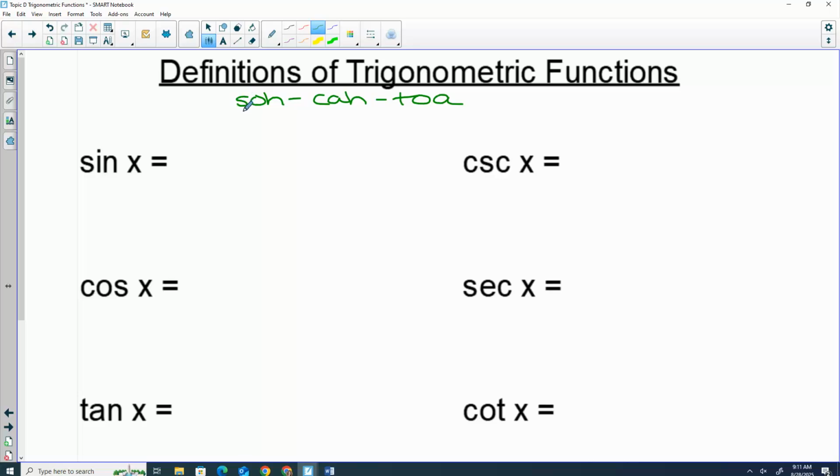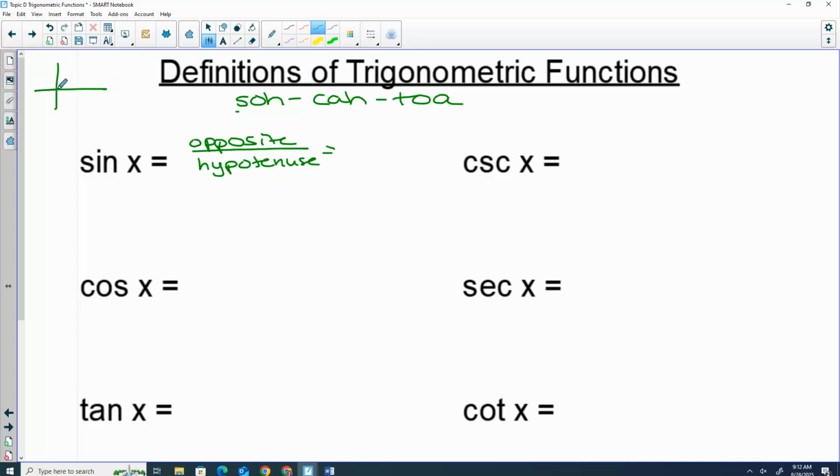Right triangle. This means S for sine, O stands for opposite, H stands for hypotenuse. We also had an X, Y, and R definition.